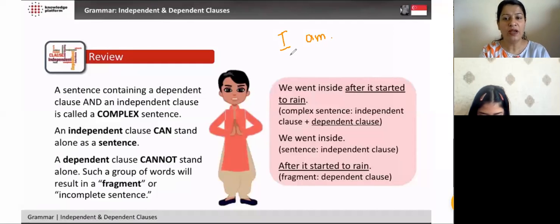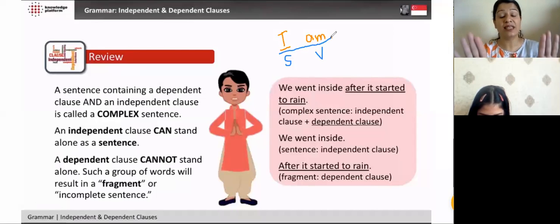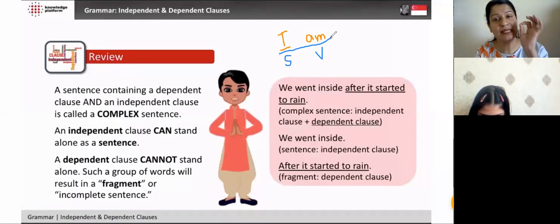In this example, I is the subject, am is the verb. The idea is complete. This is an independent clause. I am. Sentence complete है. समझ आ रही है? सेंटेंस के कंप्लीट होने के लिए या क्लॉज के कंप्लीट होने के लिए सब्जेक्ट और वर्ब का होना जरूरी है. ठीक है?